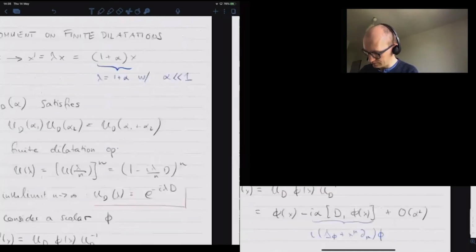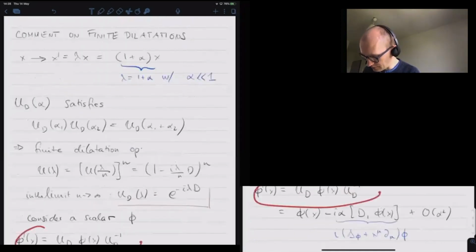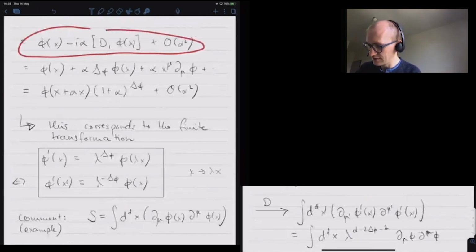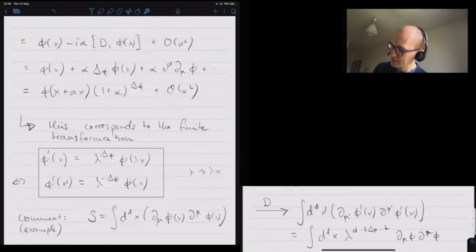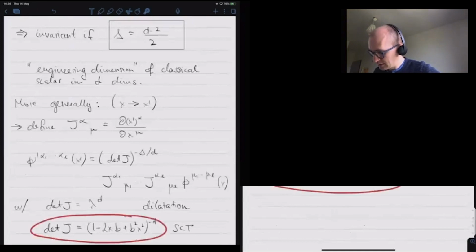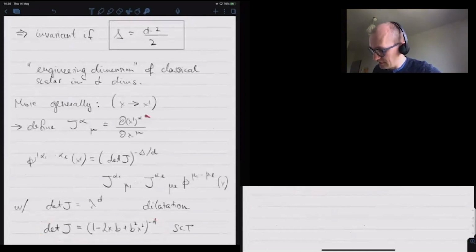So you look at the unitary operator, you see how it acts, and then you deduce the finite form. For the scalar field anyway, it's easy to do, and then to generalize it to several indices is kind of the same thing.